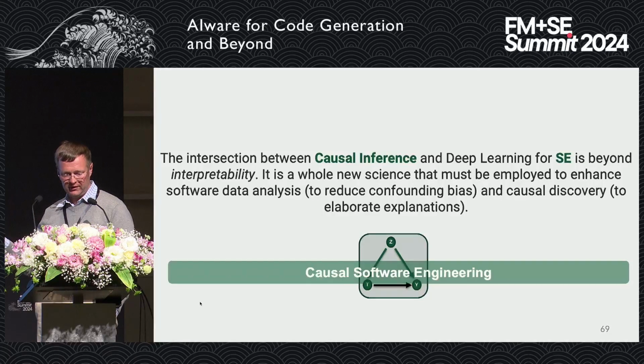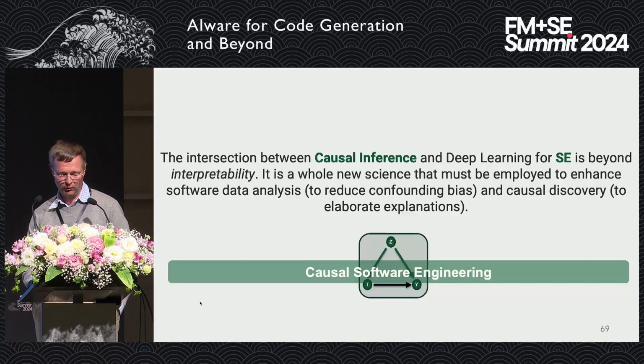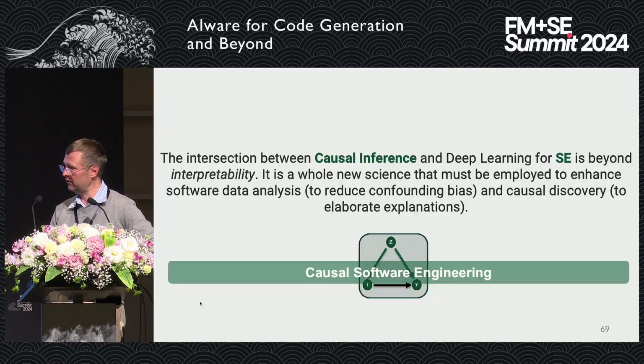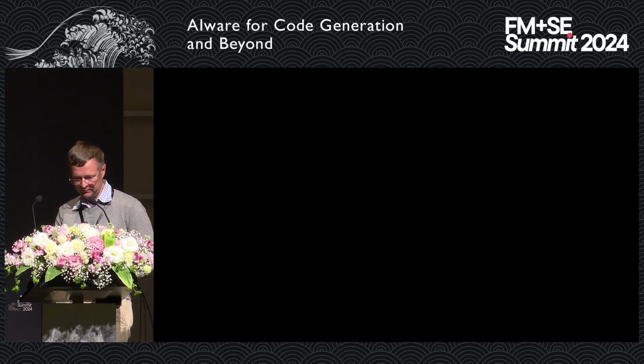And I truly think that the intersection between causal inference and deep learning for software engineering, or large language models for software engineering, is beyond interpretability. It's really a whole new science that must be employed to enhance software data analysis, especially in the context of LLMs where we need to do a large amount of experimentation. All right, that's all. Thank you.